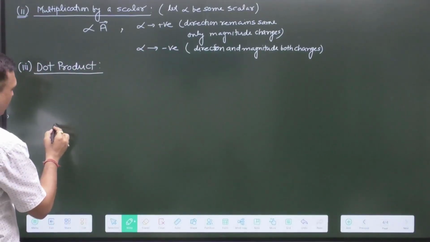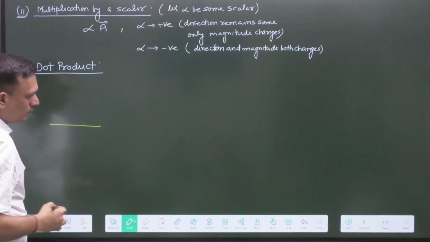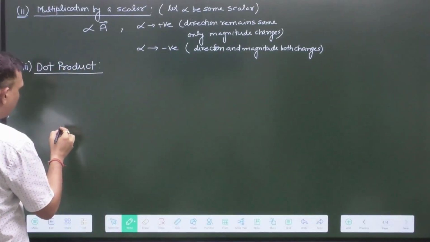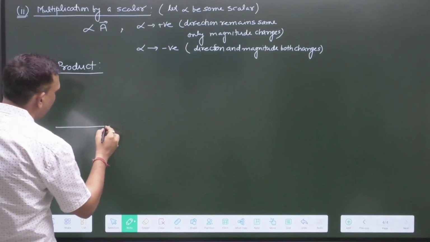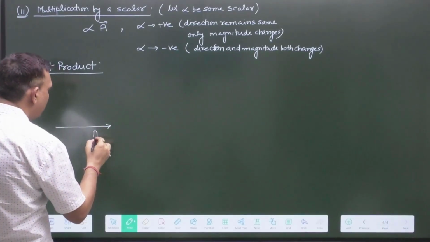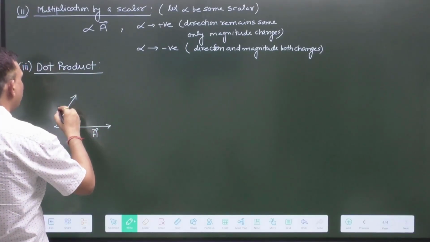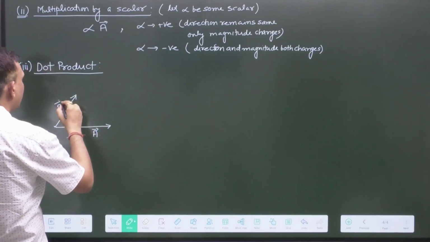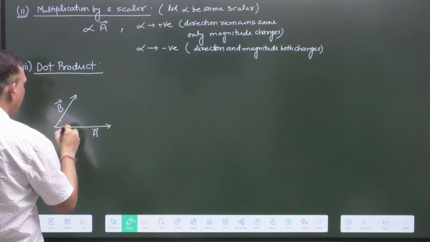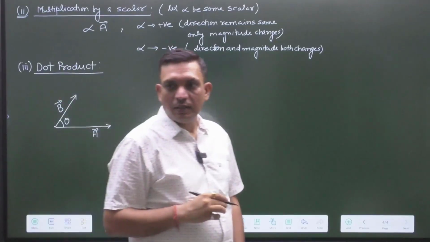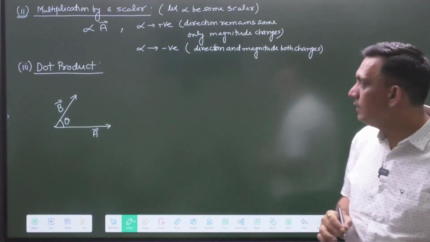So assume this is vector A and this is vector B, and theta is the angle between two vectors.